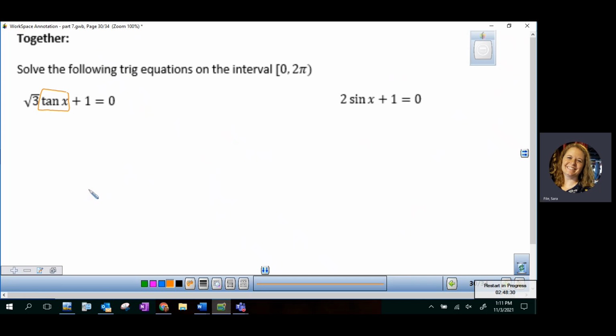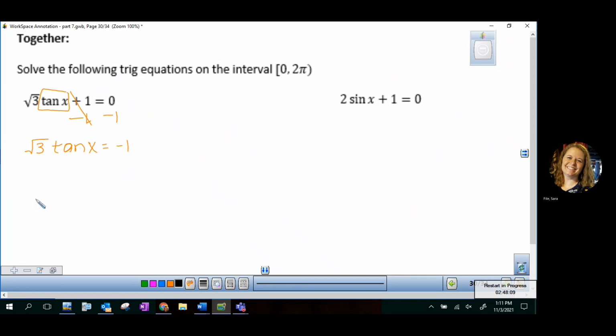What needs to move first? That +1, that constant, needs to go to the other side. Opposite operation would be to subtract 1. So I've got square root of 3 times tangent of x equals -1. What now? Divide. Good. That square root of 3 is being multiplied by tangent. It's a coefficient.